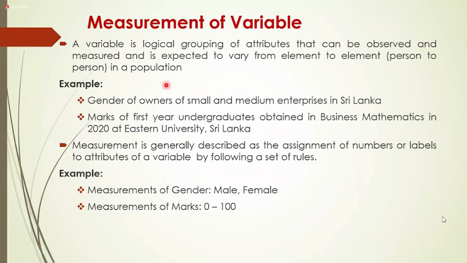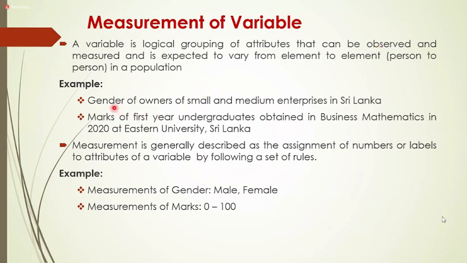So each and every element in a population should have different values. Then only this is coming as a variable. It is a logical grouping of attributes which can be observed or measured.